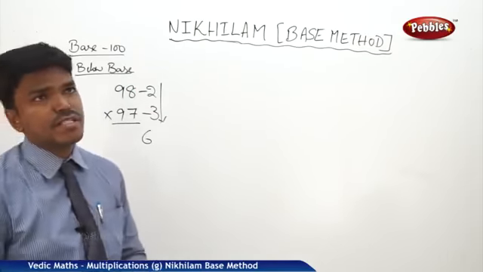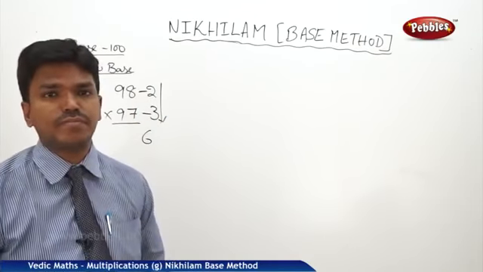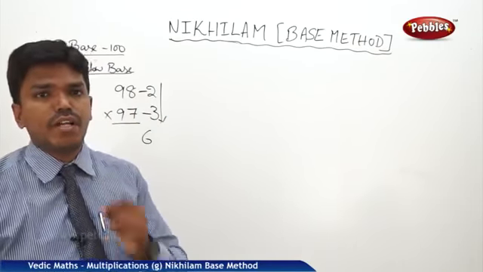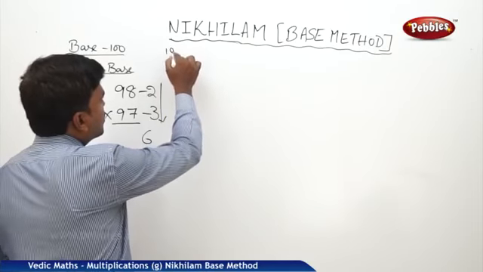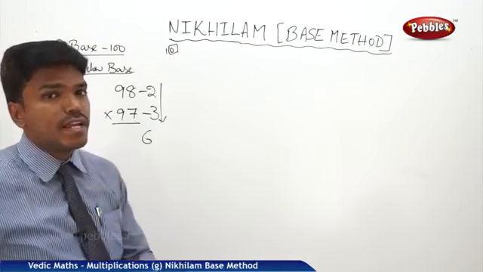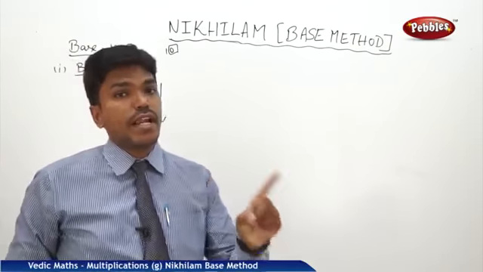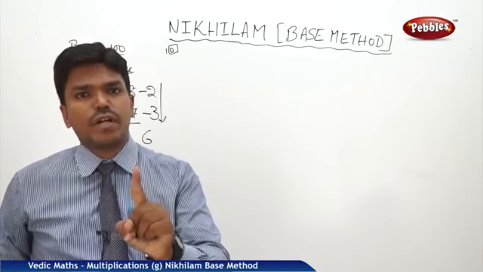But in the previous base 10 example, we discussed one thing. What is that one? Whenever you are taking the base, either it is 10, 100 or 1000, you tell me, when you are taking the base as 10, how many zeros are there? Only one 0. That's why the right side part of the answer consists of only one digit.